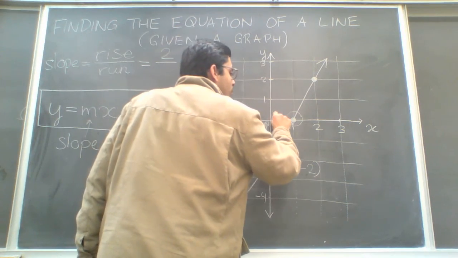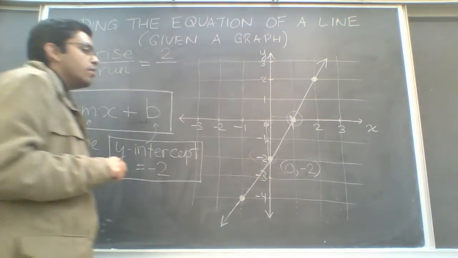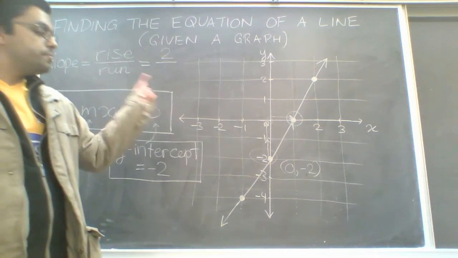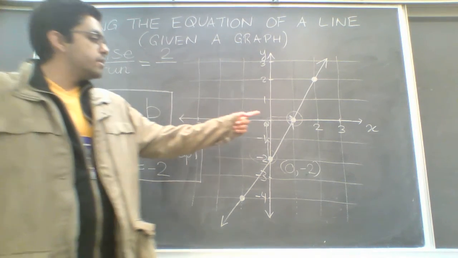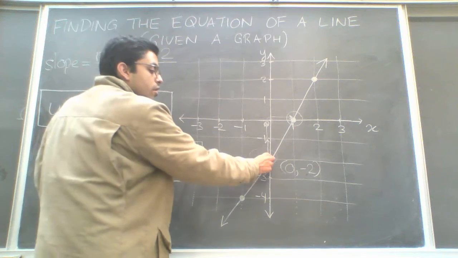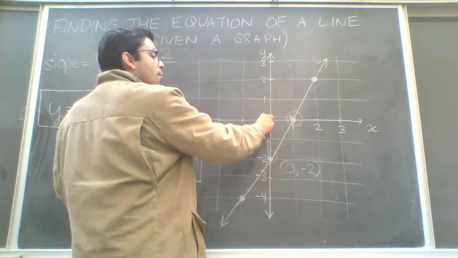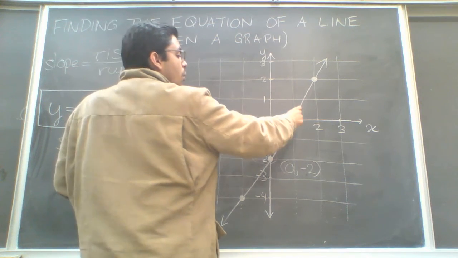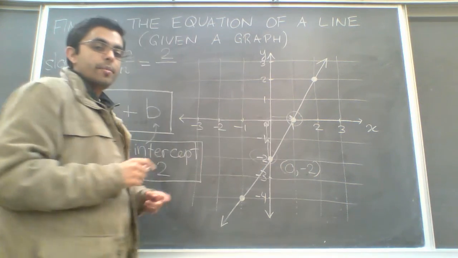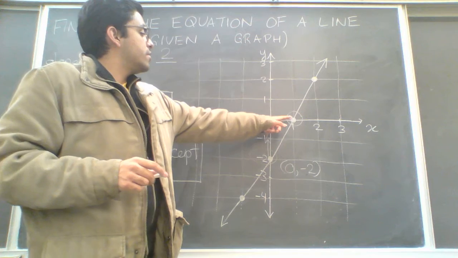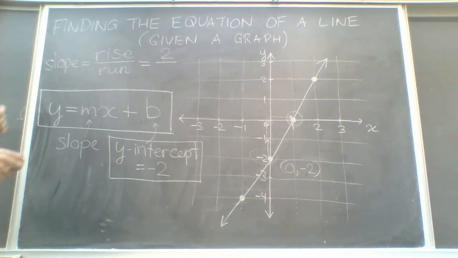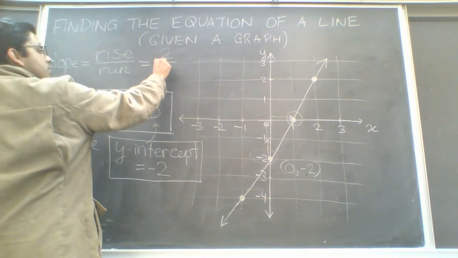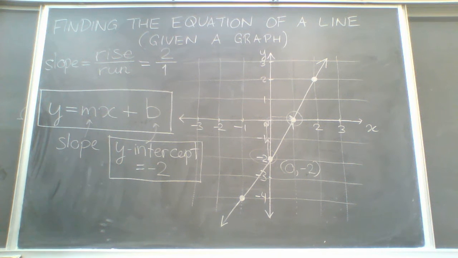And we have to move 1 unit over from the origin to get to that point over there. So from here, we went up 1 unit, up 1 more unit, so that's a total of 2 units up. And then we go 1 unit over to the right, and we end up at that next point right there. And so that tells us that our run is just 1, because we only had to move 1 unit to the right.